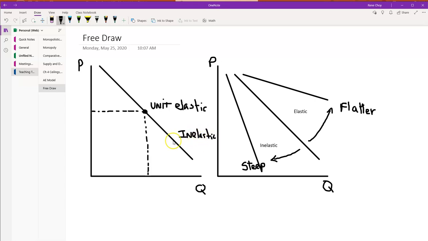So in other words, if you were to calculate elasticity around these points, it will be more inelastic. And if you were to calculate elasticity around these points, it will be more elastic. So elasticity actually changes along a straight line. So we can't really say that a straight line has one elasticity, because what it does have is one slope, but elasticity is different than a slope. Now we can definitely say that a flatter line is in general more elastic than a steeper line.